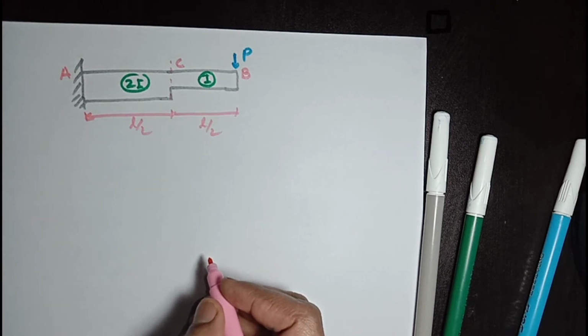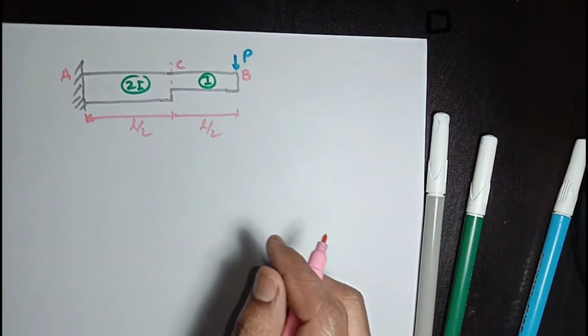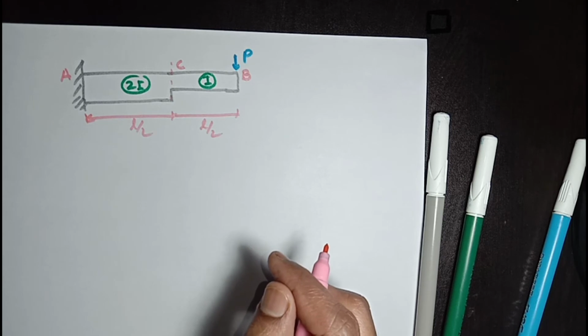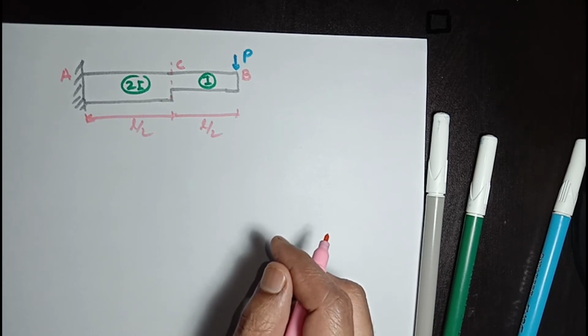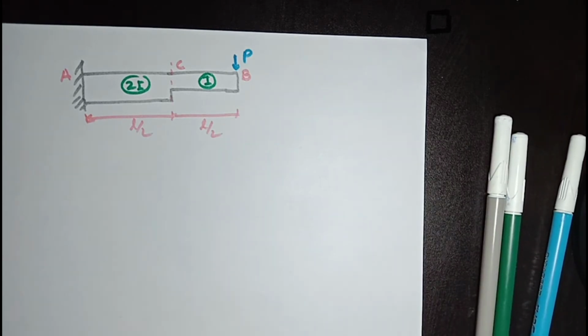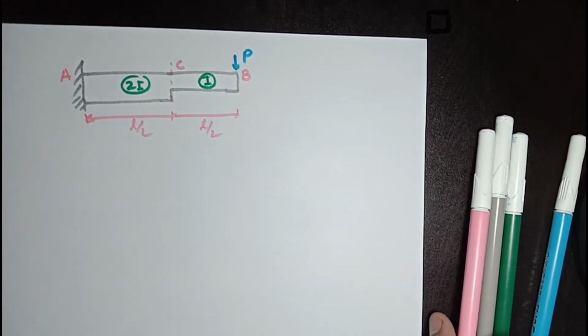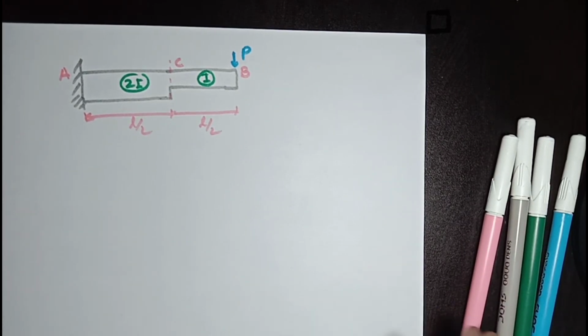So in order to draw the M over EI diagram for this beam, we need to draw the M diagram. M diagram is the bending moment diagram. Before drawing the bending moment diagram, we need to find a general expression for bending moment so that we can draw a curve for it.